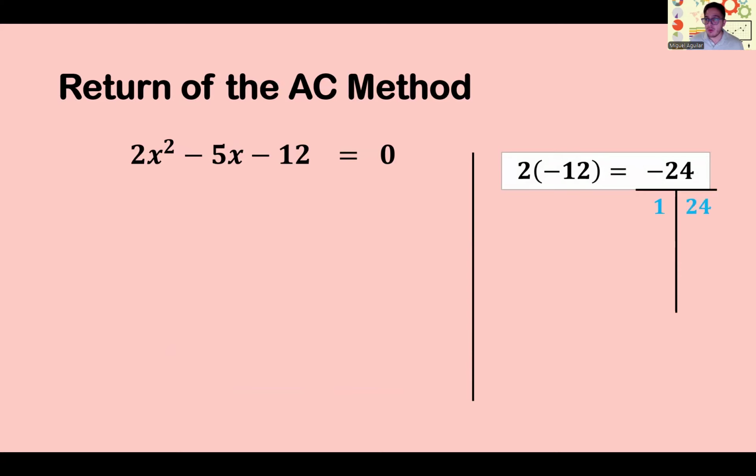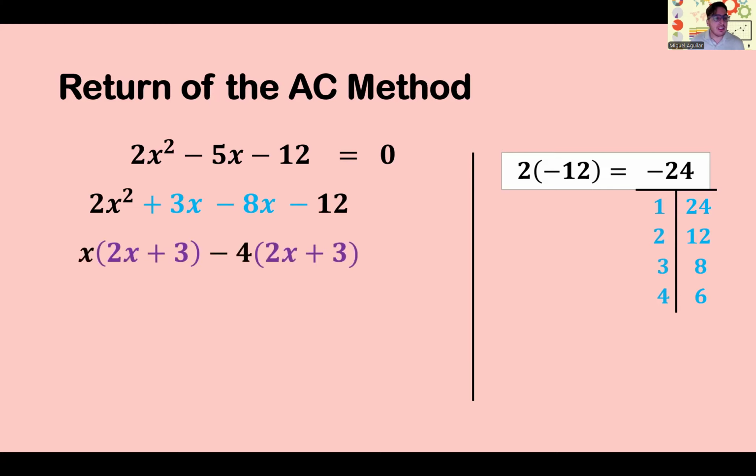Okay, so we took 1 and 24, 2 and 12, 3 and 8, 4 and 6, and then we said, okay, which of these factor pairs is going to get me to a 5? In this case, a -5, since that's the value of b. We chose correctly here, and we found that plus 3x and minus 8x was going to work. Okay, so we went ahead and factored by grouping and got our two factors.